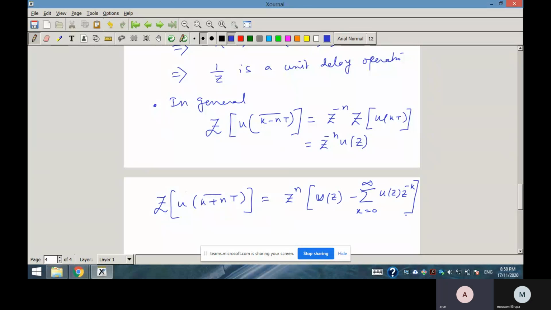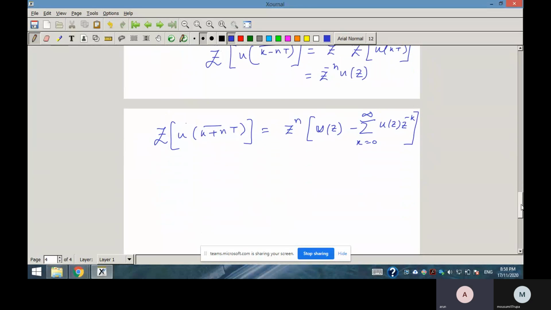Next, two important results I will show: the initial value theorem and the final value theorem. In case of the Laplace transform also we have seen this.